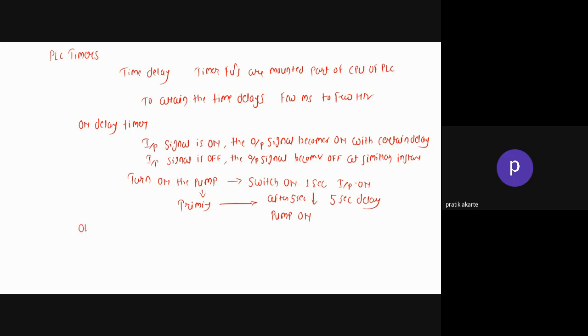The next type is the off delay timer. Now what is an off delay timer? When your input signal becomes on, the output signal becomes on at an identical time.